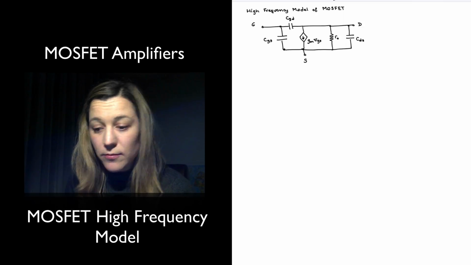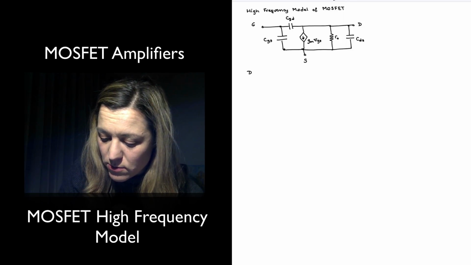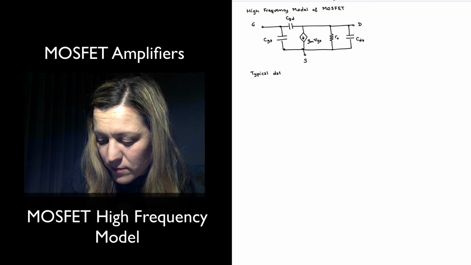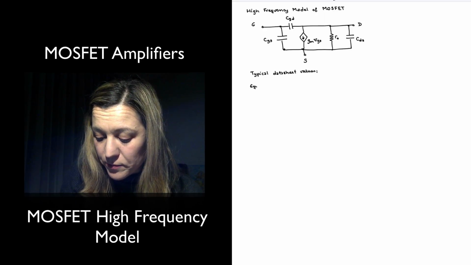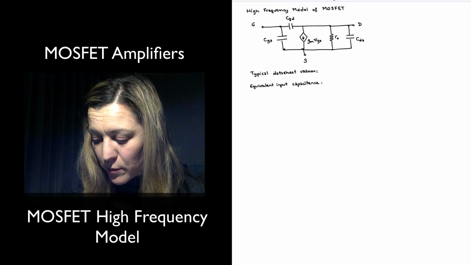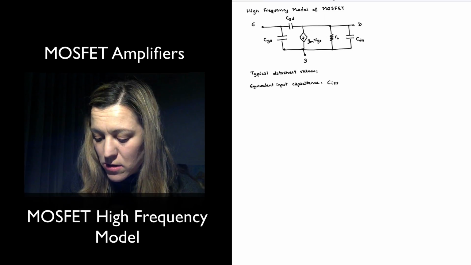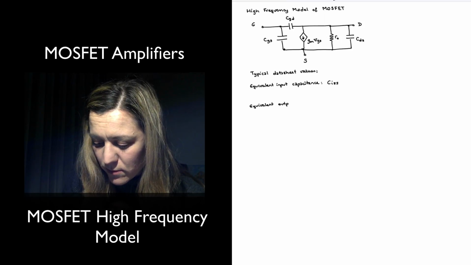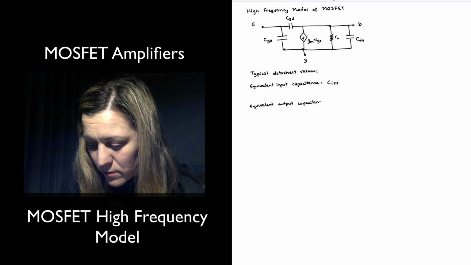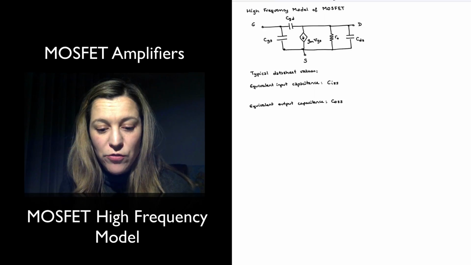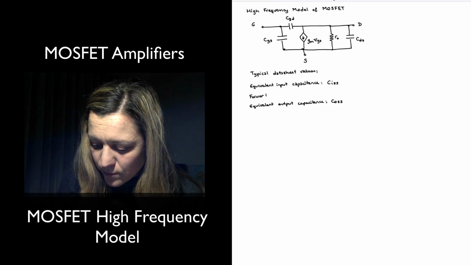What appears in the datasheet are the equivalent input capacitance, typically listed as CISS, the equivalent output capacitance, COSS, and either the forward transfer capacitance or the reverse transfer capacitance.